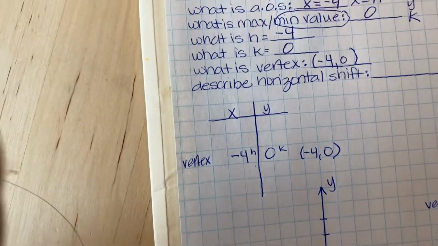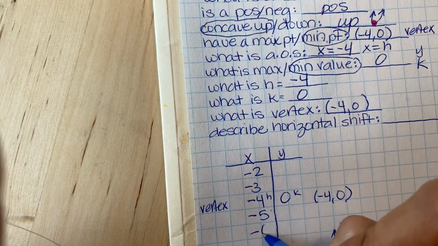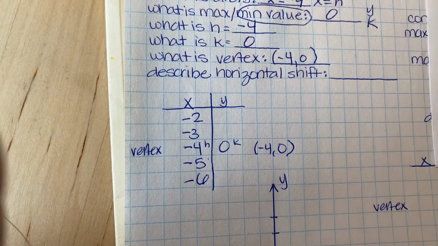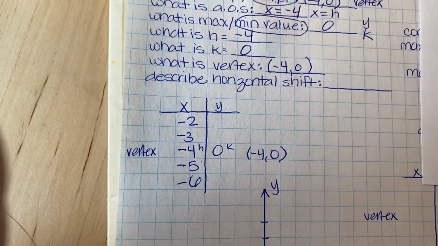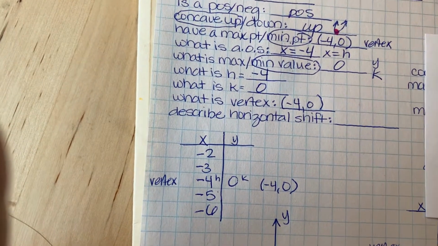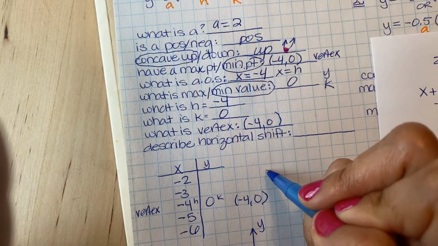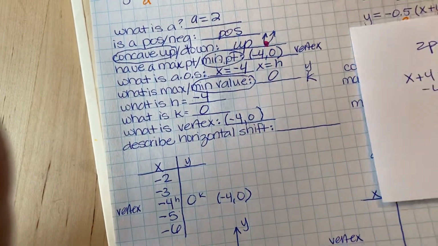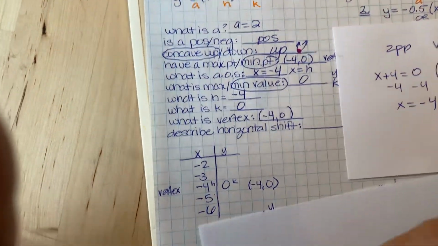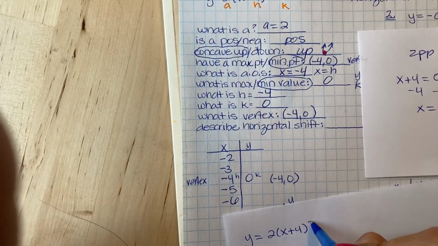Okay, so now let's find our other points. Negative 3, negative 2, negative 5, negative 6. And now we're going to substitute and solve. So y equal to x plus 4 squared.